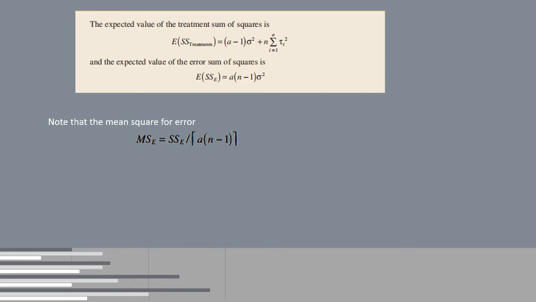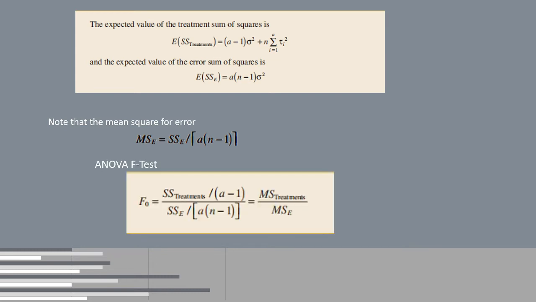At dito ay mas mapapasimplihan natin ang ANOVA F test, which is F sub 0 is equal to sum of square treatment over a minus 1 over sum of square error over a times n minus 1. At pwede rin itong isulat ng ganitong equation, MS treatment over MSE.